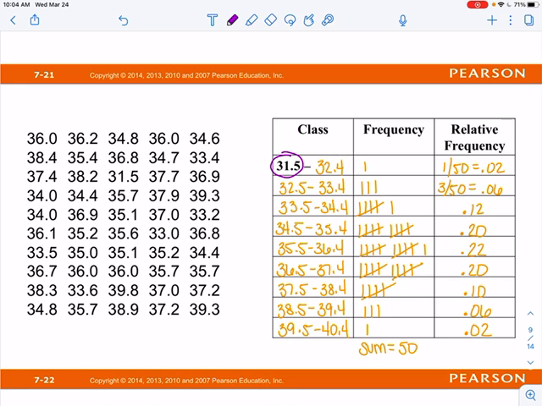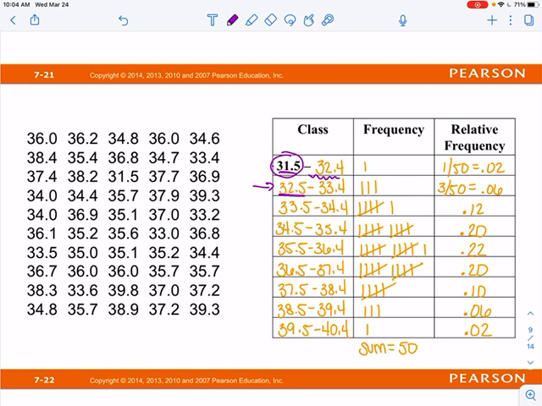Remember what the class width is. That does not mean that your first class is going from 31.5 to 32.5. That means when you subtract the lower limits of any 2 consecutive classes, that's 1. So if this is 31.5 and I add 1 to it, that's how I get 32.5.